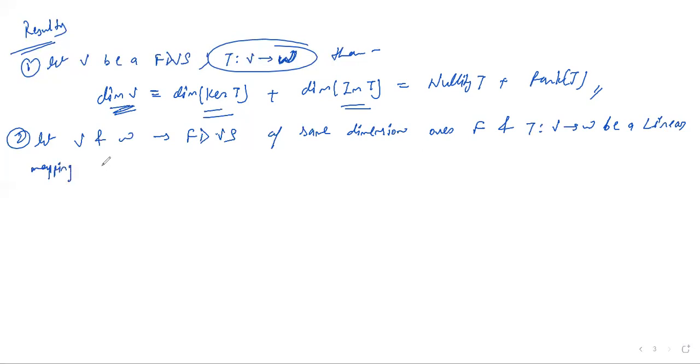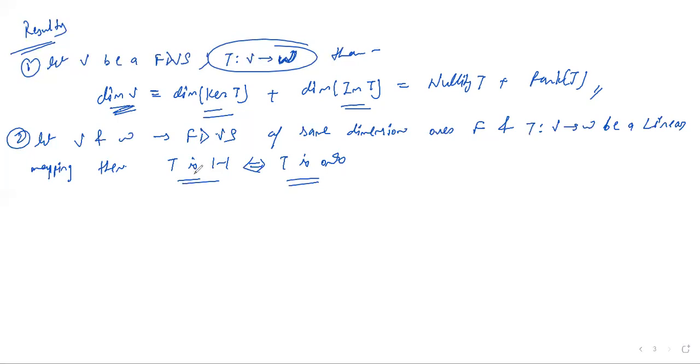Then T is 1-1 implies that the mapping is onto, and similarly the mapping is onto implies the mapping is 1-1.